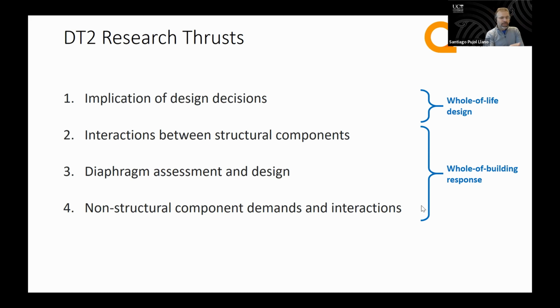The first one that I list here is implication of design decisions. Again, that would refer to, say, reducing drift limits or making other adjustments to the design standards so that we don't, say, repeat the experience of Christchurch where so many buildings had to be demolished after the earthquake.